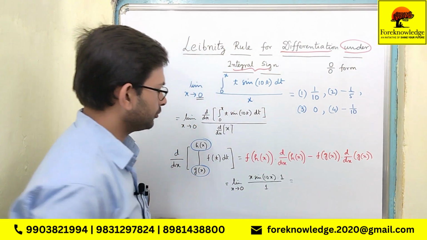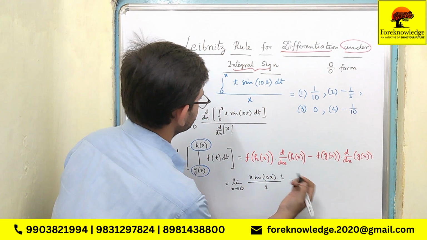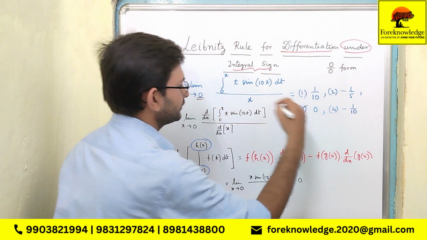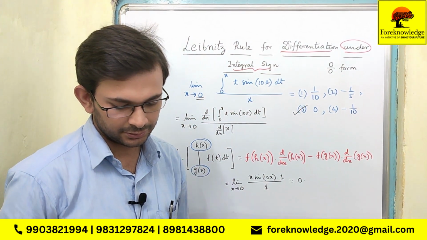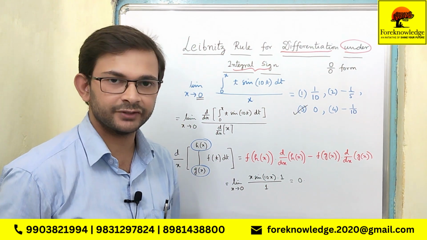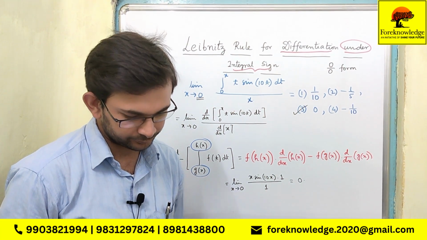So just put the value. 0 into sine of 0 is nothing but 0. So option 3 is correct. Just go through it, and if it is not clear, then pause the video and watch it again.